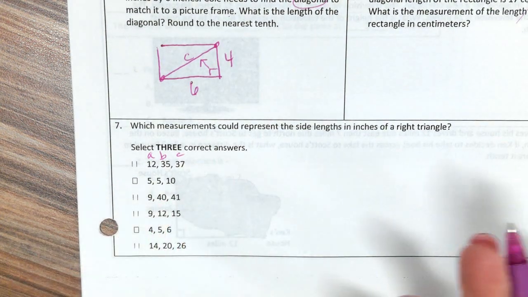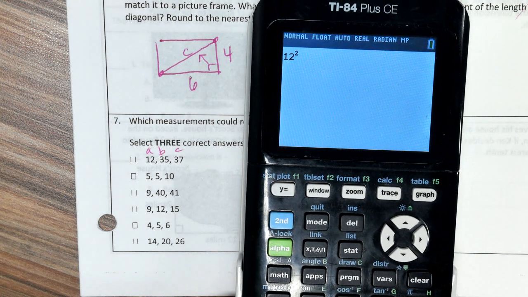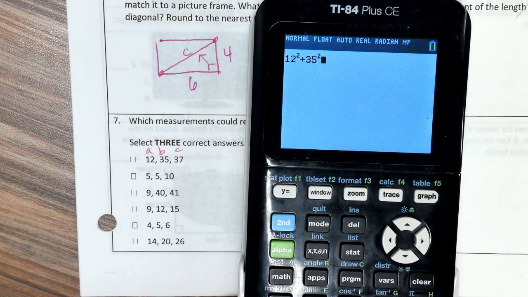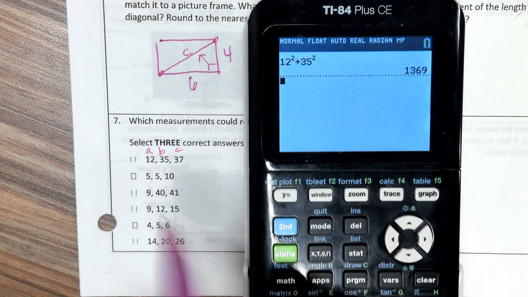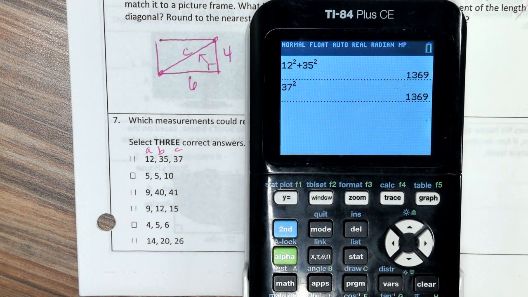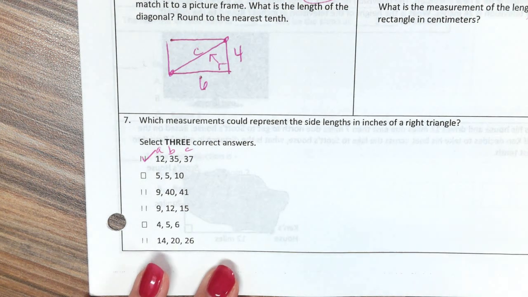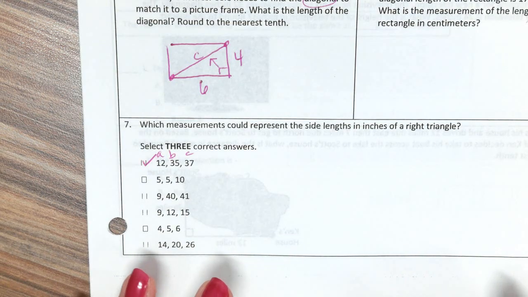So I'm only going to do one of these for y'all. Let's do the first one. 12 squared plus 35 squared, hit enter, and then do 37 squared. Do those equal? Then this is a right triangle. So you have to find the other 2 correct answers.